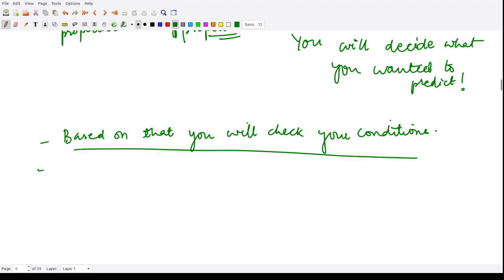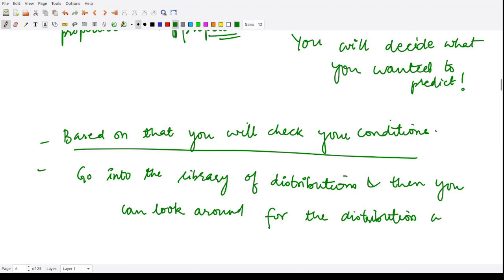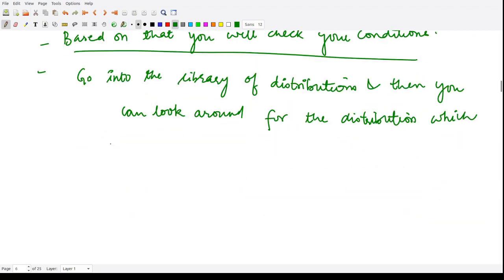Based on those conditions, you will go into the library of distributions and look around for the distribution which suits you best.